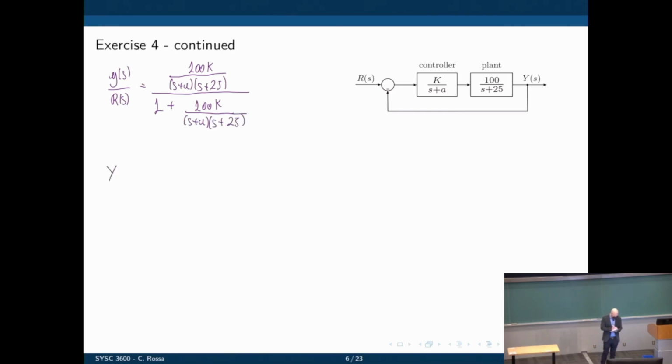Okay, and then y over r is 100k divided by s plus a, s plus 25, divided by, find a common denominator there.